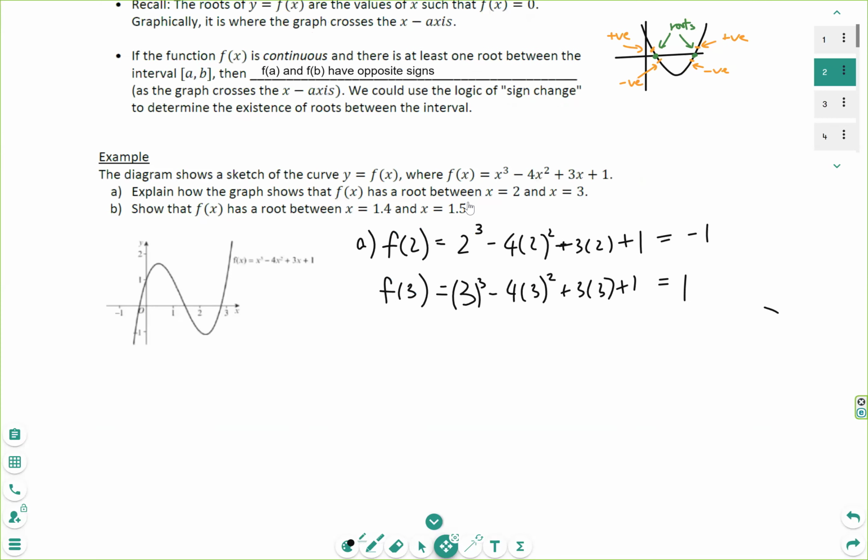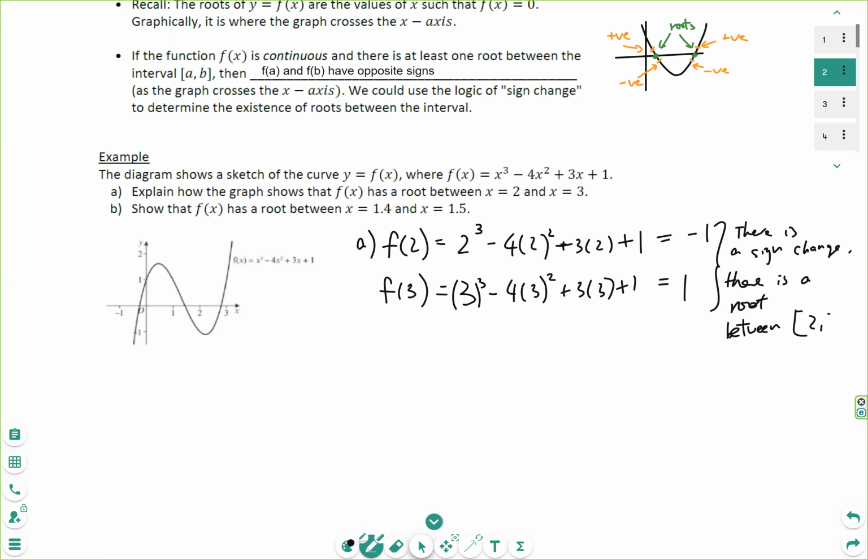So what you're saying here is there is a sign change. So there is a root between 2 and 3.